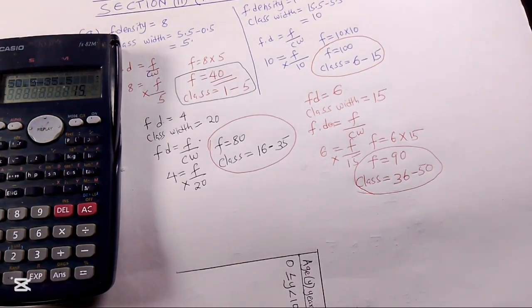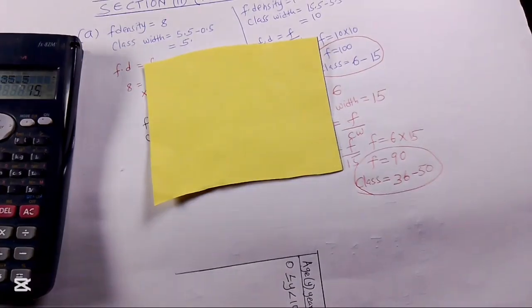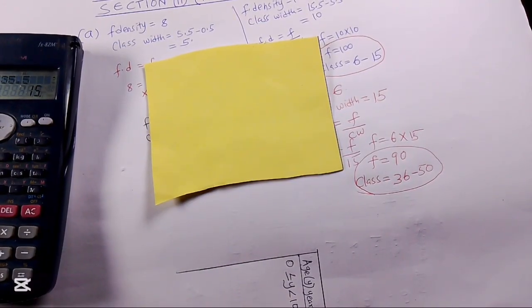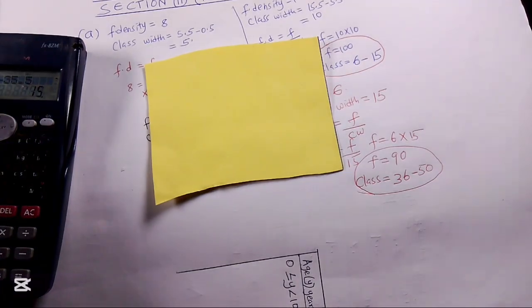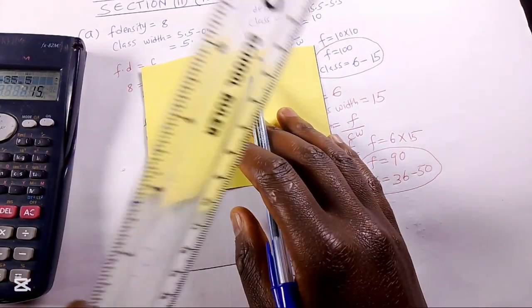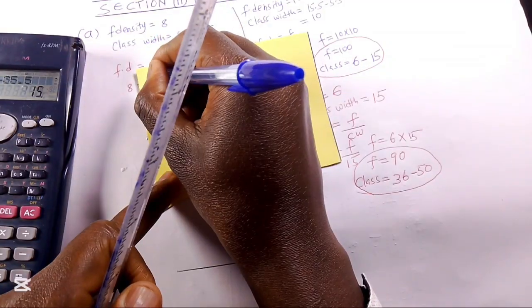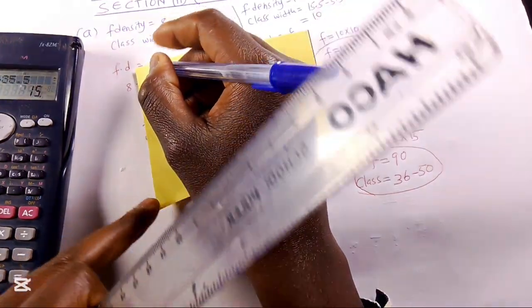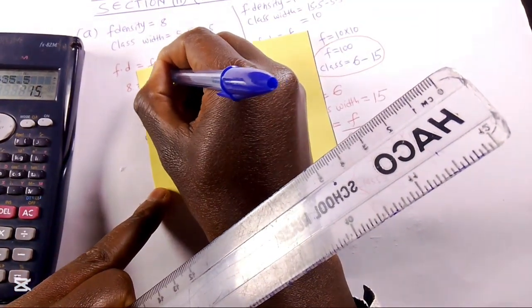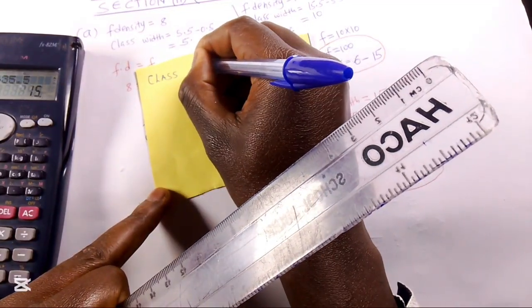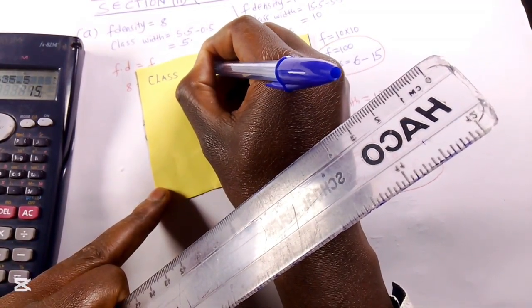So we can arrange that in a frequency distribution table. Let's use this placard here. If we are asked to arrange that in a frequency distribution table, we will have a table of class and frequency.